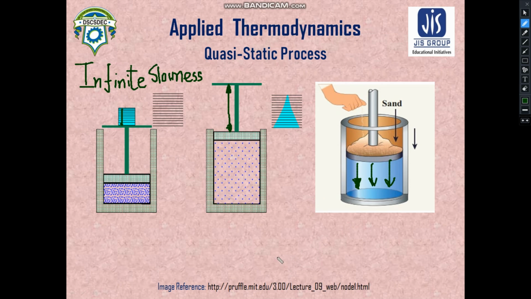Okay, this can be another example. Suppose this is the fifth floor where you live, and this is the ground floor.